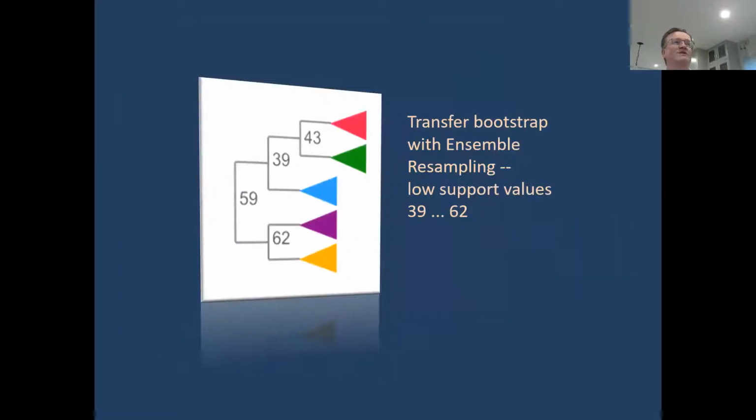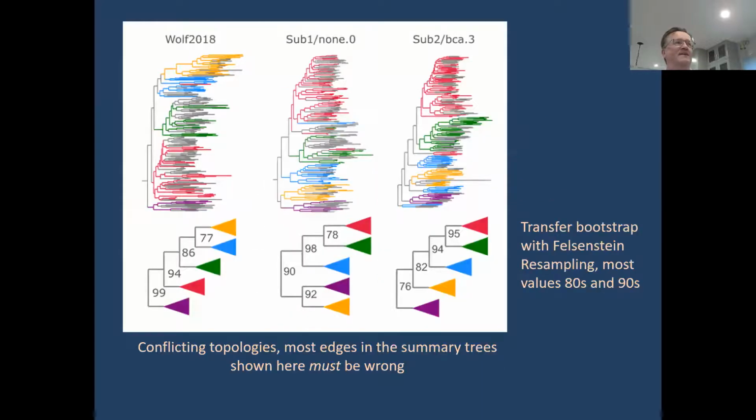Now, if we repeat the exercise using the ensemble resampling, you get low support values. My interpretation of this is kind of the opposite of what we saw with PFAM. If we go back and look at any of these trees, I think we're getting high bootstrap values because the maximum likelihood trees are biased towards the guide trees that we use to make the MSA.